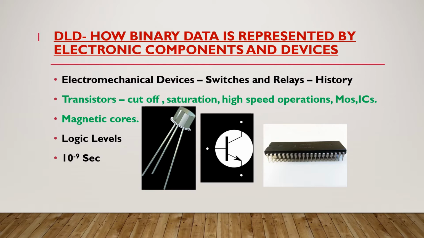When you combine many transistors, diodes, resistors, capacitors and inductors, all the things you have studied in basic electronics, you get ICs like metal oxide semiconductors. These ICs then give you logic 0 or logic 1.